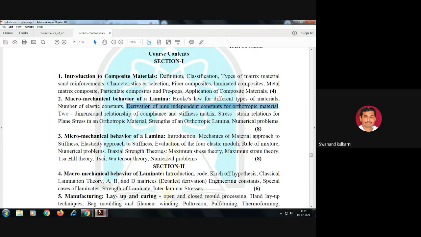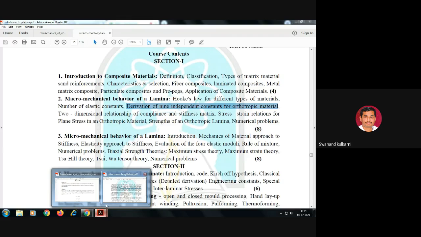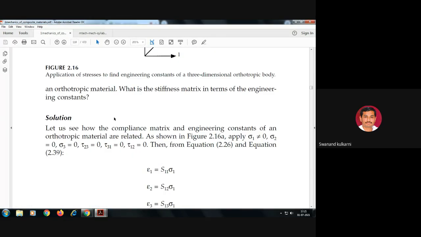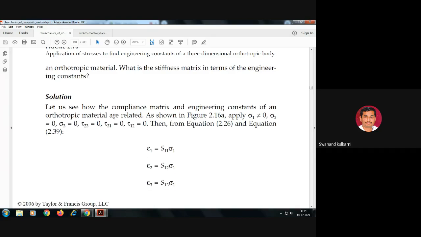We will consider this part as the derivation of 9 independent constants in case of orthotropic material.